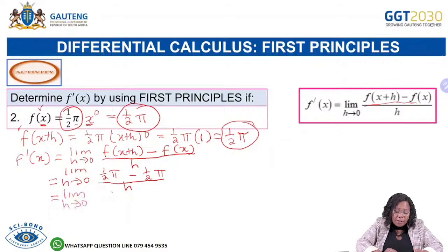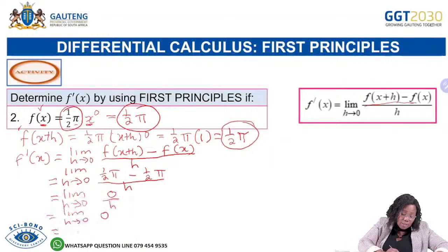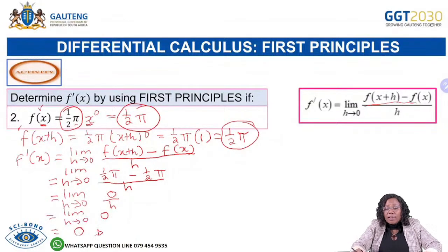Half pi minus half pi will be 0 over h. And then this is the limit of h approaching 0 of 0 over h, which is still a 0. So if the limit of h approaches 0 of 0, the answer will be 0 there. So that is our f at x derivative there.